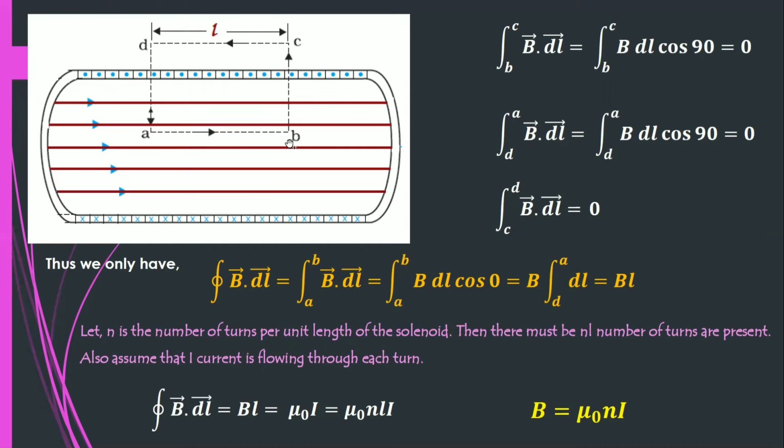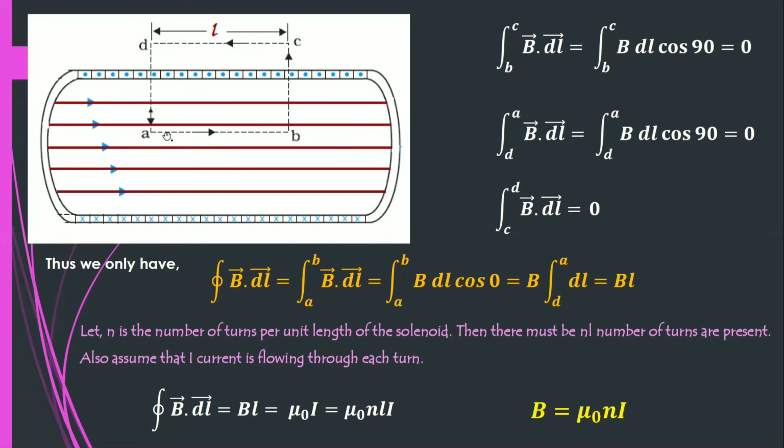So we are left with C to D, B dot dl. Although the angle between B and dl is not 0, as we have already discussed, the magnetic field outside the solenoid is 0. Since B is 0 outside, this integration is also 0. So we only have the portion A to B. The closed loop integration of B dot dl gives us the integral from A to B of B dot dl.